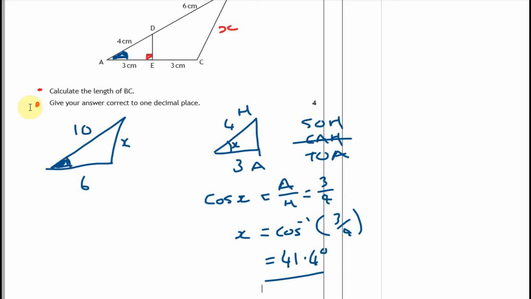Especially a 4 marker. There's definitely marks to be had for going through. Say you never knew what the angle was in there. I would look at that and I would have just guessed 45. It looks like that kind of number, doesn't it? It's 90, so it looks about half of 90. If you draw a straight line up there, I'd say that looks like 45. So we weren't far off, right? 41.4.